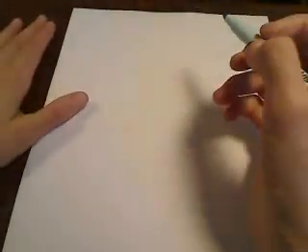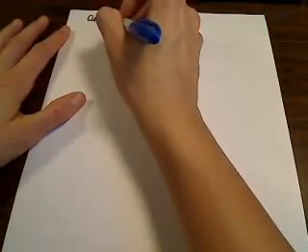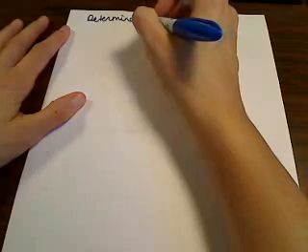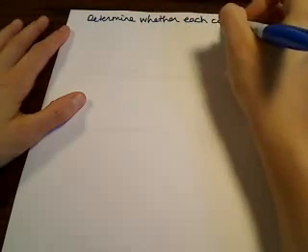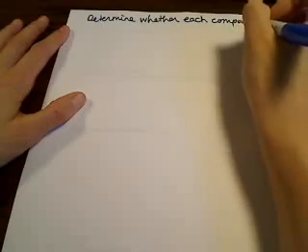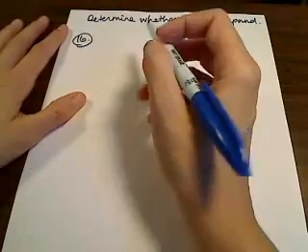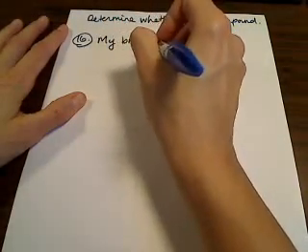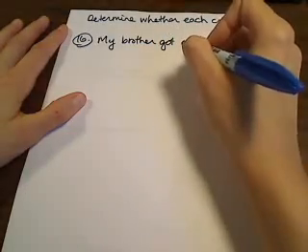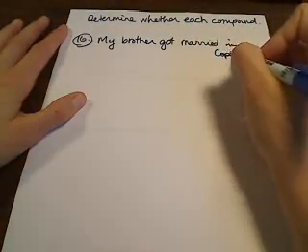This is a couple of examples again from the hard copy of the book. So we want to determine whether each statement is compound. Okay, so this is number 16, and the statement is, my brother got married in Copenhagen.